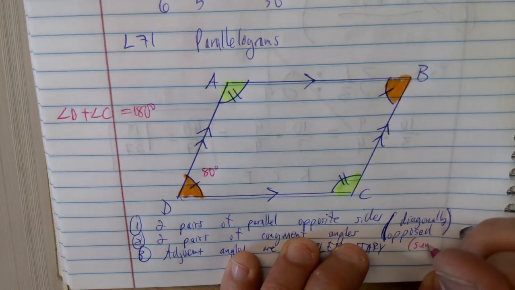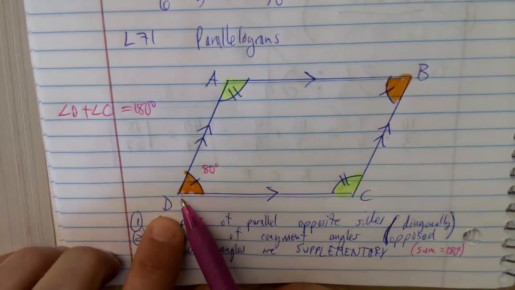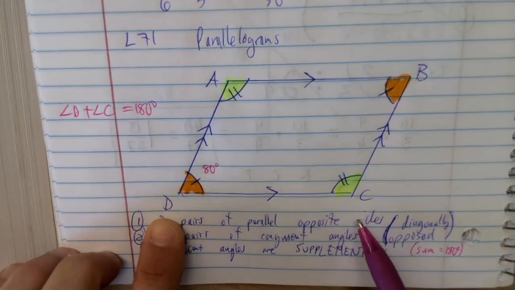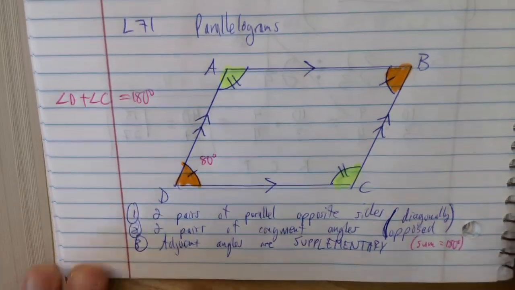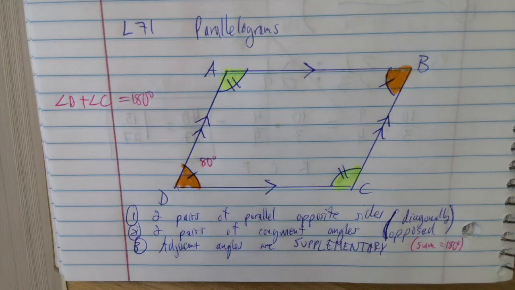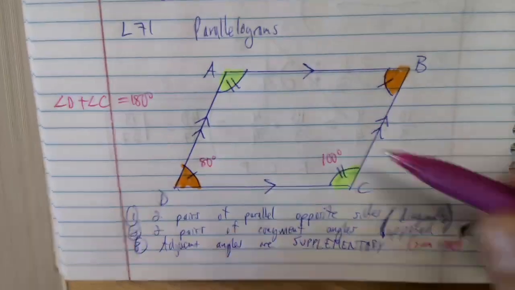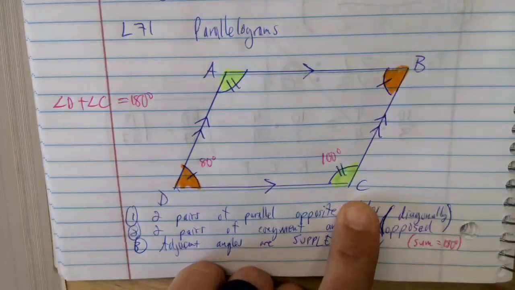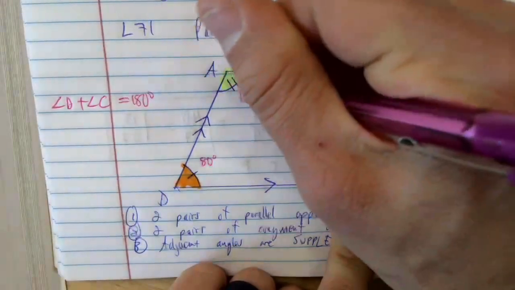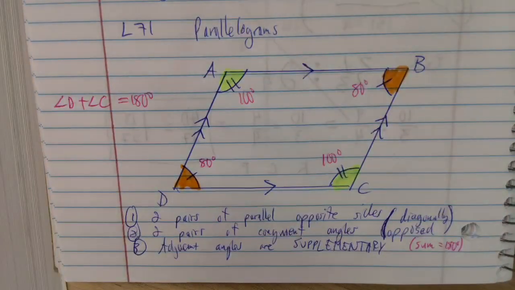So we're going to put the sum equals 180 degrees. So, if you know that angle D and angle C, those are adjacent to each other, adjacent just means beside, then you can infer or calculate that C must be 100 degrees. Then you could fill in all the others. That must be 100 degrees, and that must also be 80 degrees. And that's it for parallelograms.